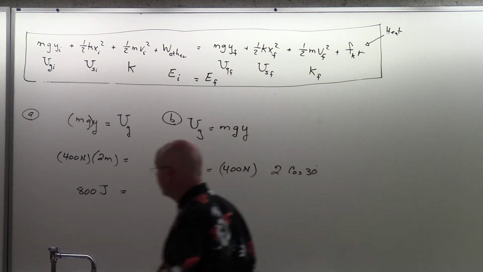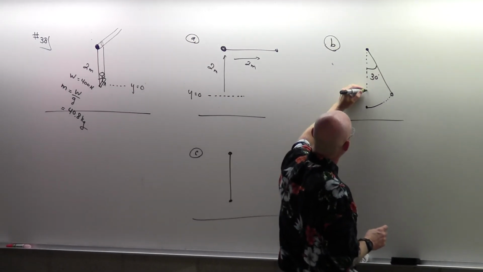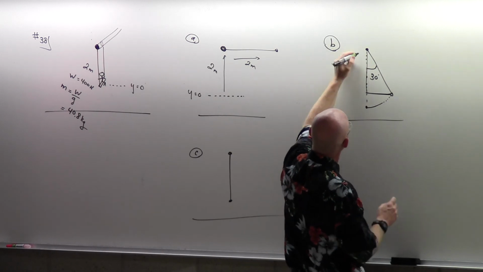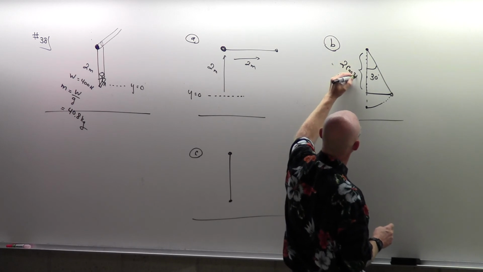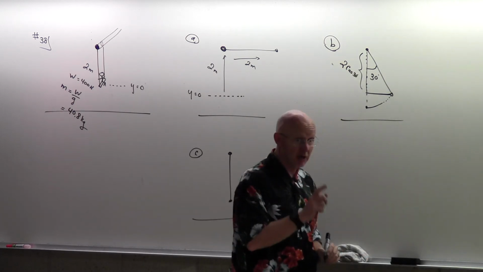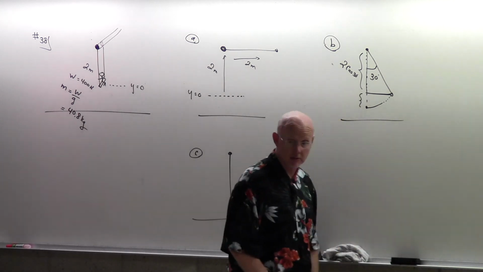Let me draw the picture here. If this swings back here, then if I make a triangle, this part right here is 2 cosine 30. But that's not the height of the child. The height of the child is that piece, right?